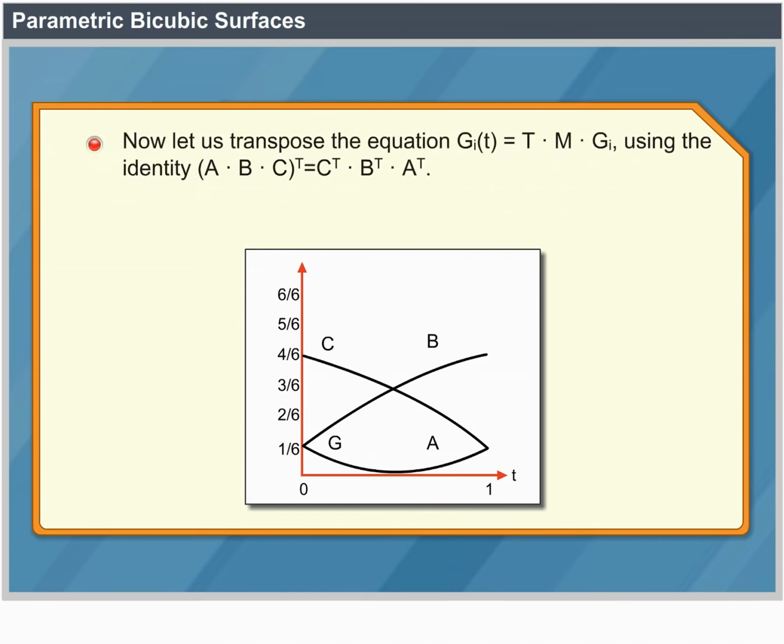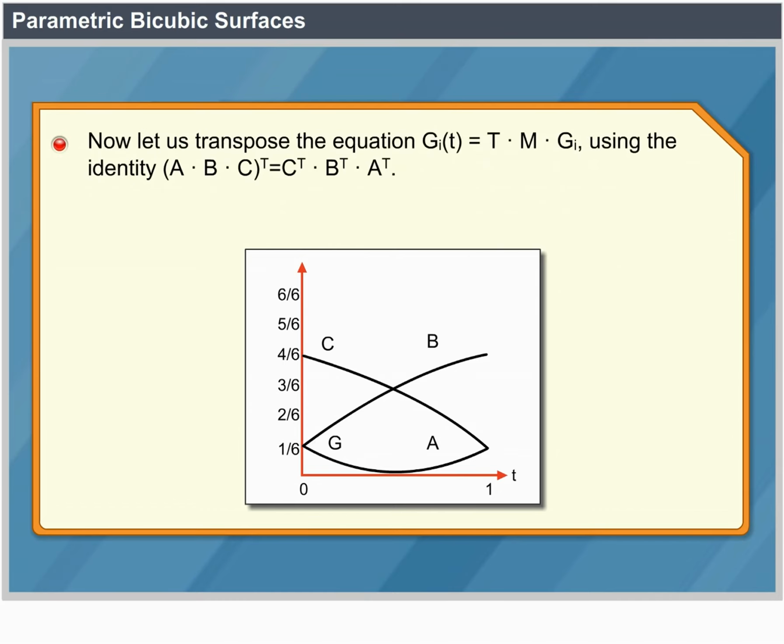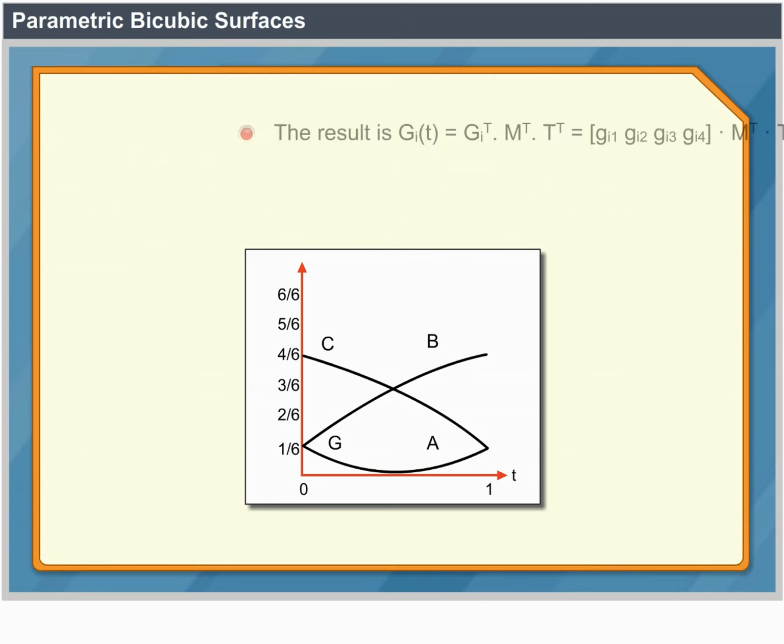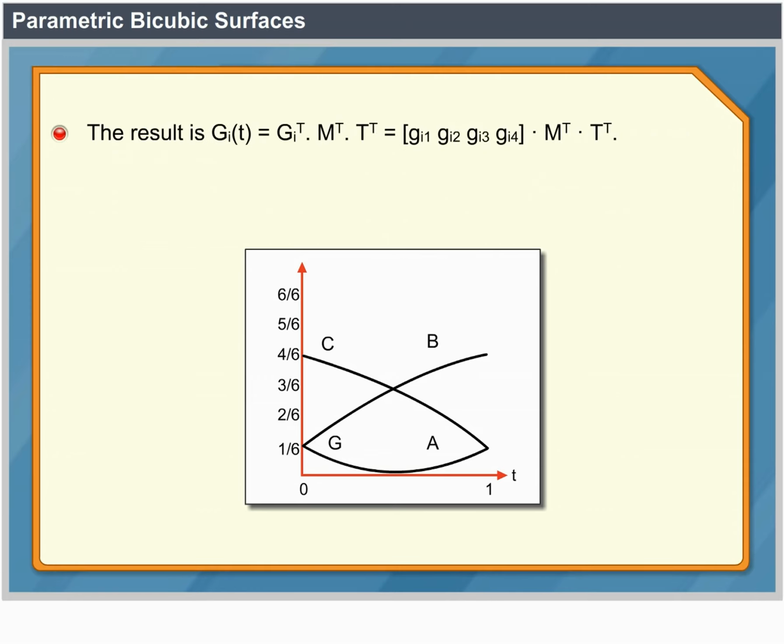Now let us transpose the equation Gi of T equals T and M and gi using the identity (A and B and C) transpose equals C transpose and B transpose and A transpose. The result is Gi of T equals gi transpose, M transpose and T transpose, equal to gi1, gi2, gi3, gi4 and M transpose and T transpose.